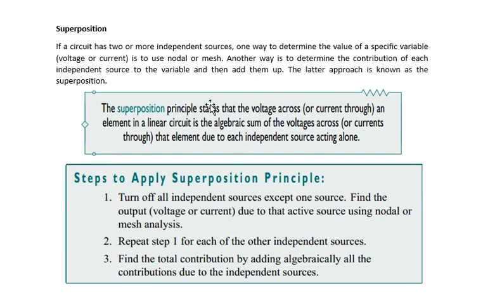Ang ibig sabihin lang ng superposition method is just kung meron tayong maraming sources in just one circuit, ang gagawin natin to solve a certain quantity is to turn off simultaneously those sources and mag-on tayo ng iisang source lang at one time. Okay? So, ibig sabihin, at one trial, i-off natin lahat ng mga sources na nandoon sa circuit and then i-on natin yung isa.